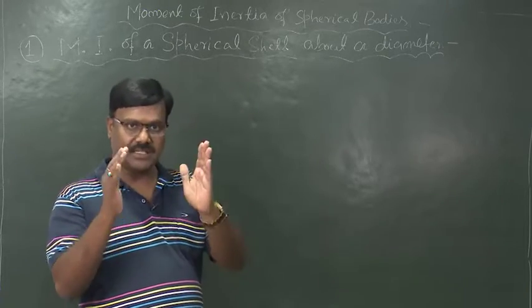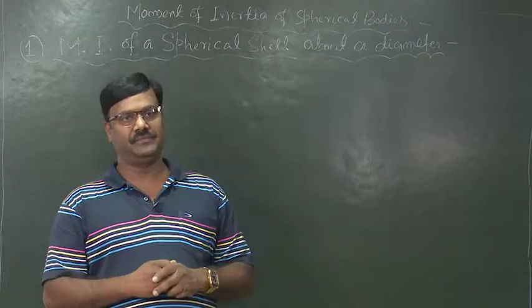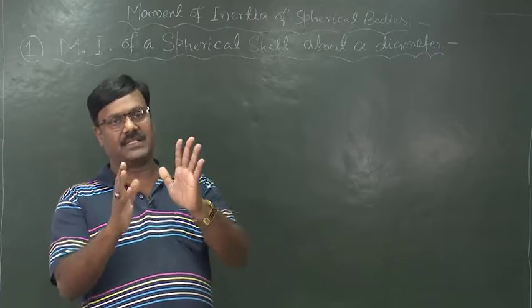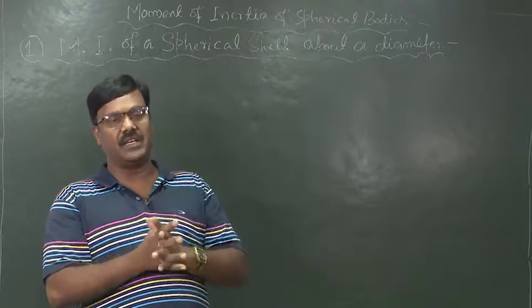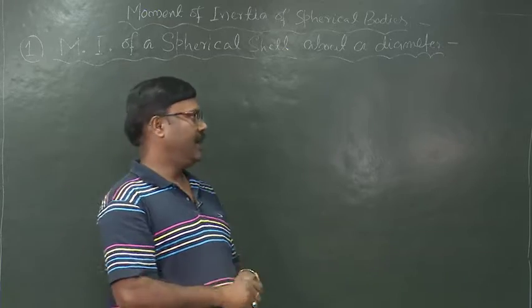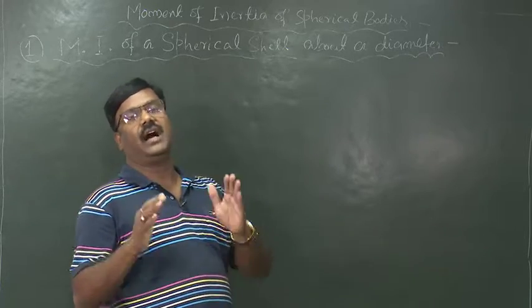Let us first consider a spherical shell and now let the mass of the spherical shell be m and the radius of the spherical shell is r.